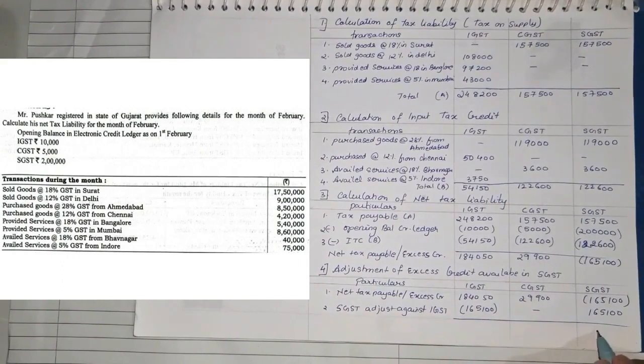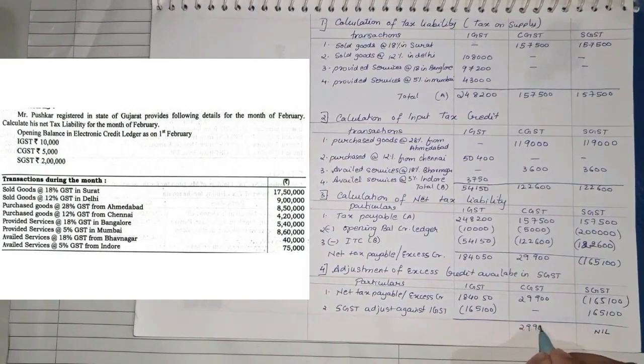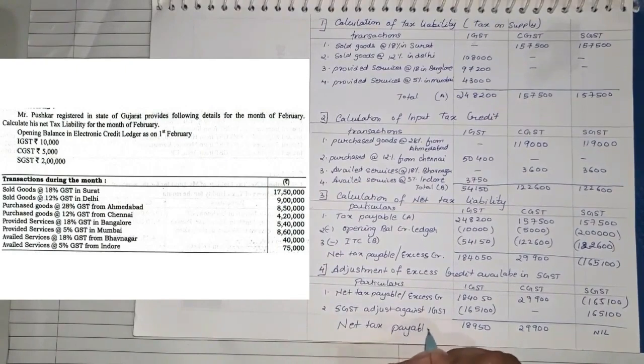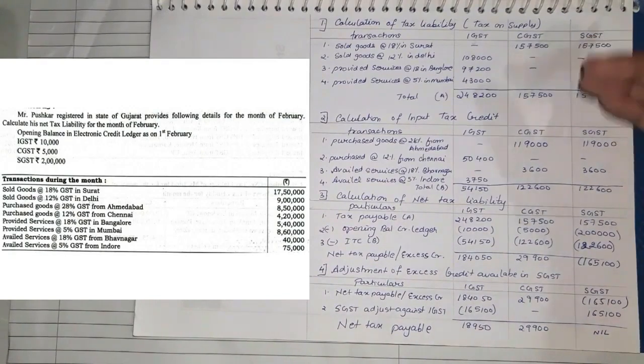So when I subtract it, your SGST becomes nil. This is 29,900 as it is, and when I minus the IGST, I get the value as 18,950. This is nothing but my final net tax payable. So in this sum, we were able to use the excess of SGST to pay off extra IGST. This is how the entire sum needs to be solved in 4 different parts: 1, 2, 3, and 4.